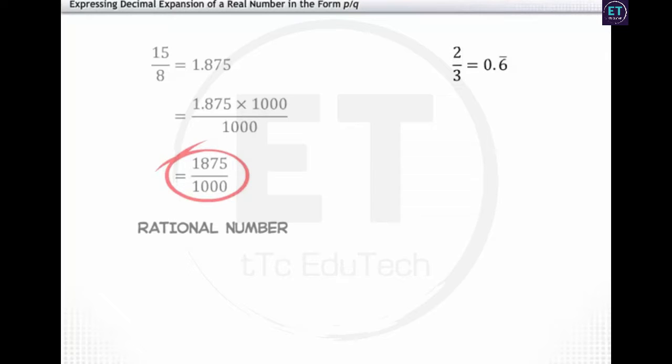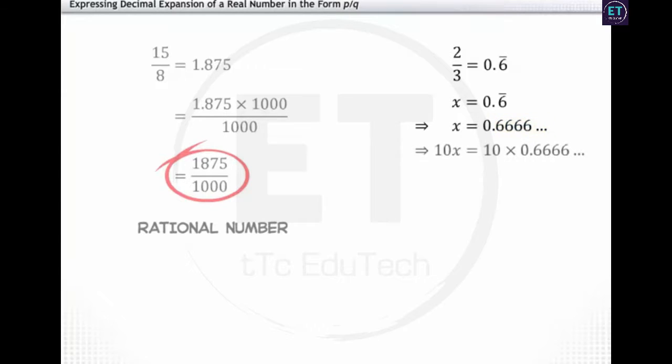Now, we'll consider the non-terminating recurring decimal 0.6 bar. Consider a rational number x. The decimal expansion of x is 0.6 bar. This can also be expressed as 0.666 and so on. Here only one digit 6 is repeating itself.